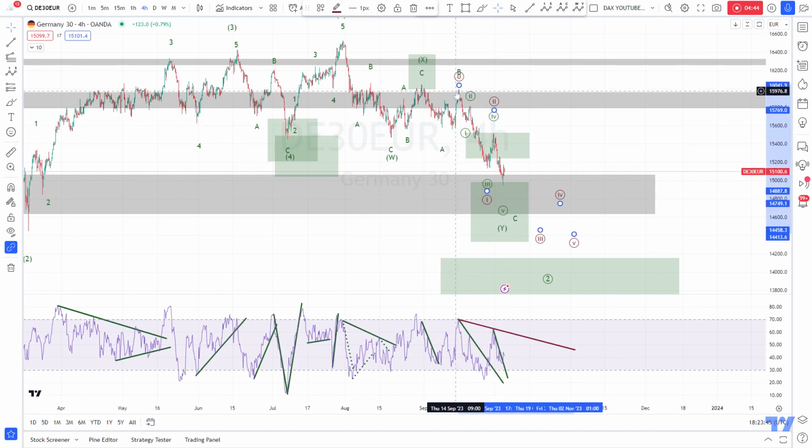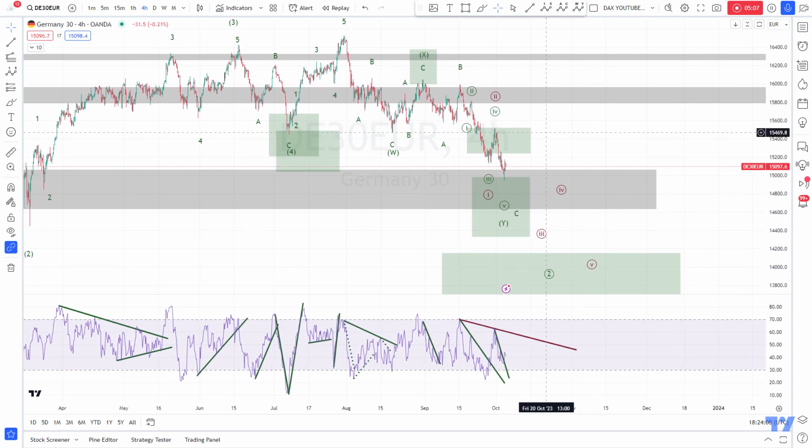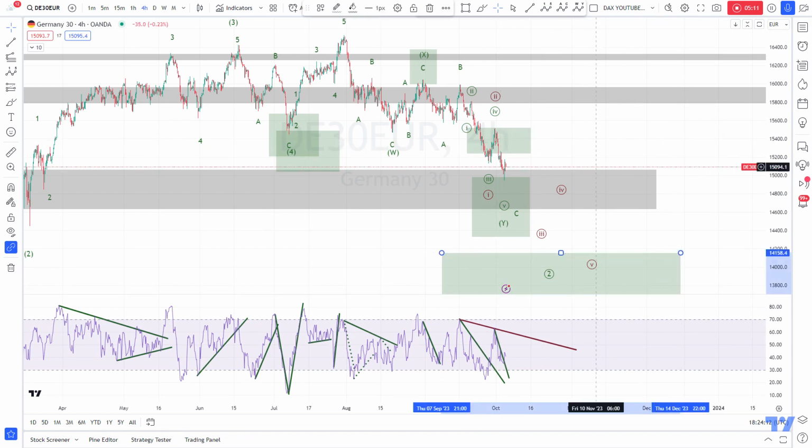Then it could be that this here is only the first wave down, then this is the second wave up, a shallow retracement of a wave 2, and now we are working on a wave 3 down, followed by a 4 and a 5, and that should also allow us to get into this wave 2 area. So that's another possibility how to get into this wave 2 area.